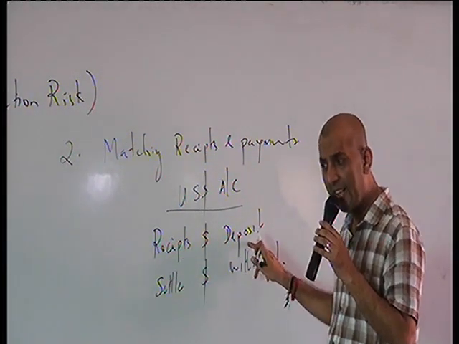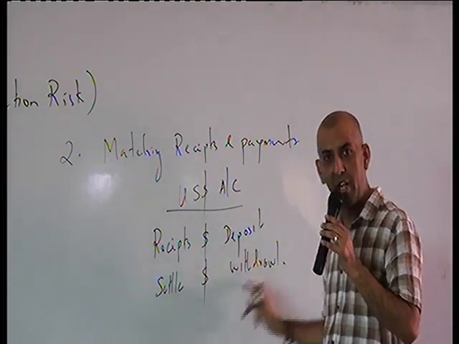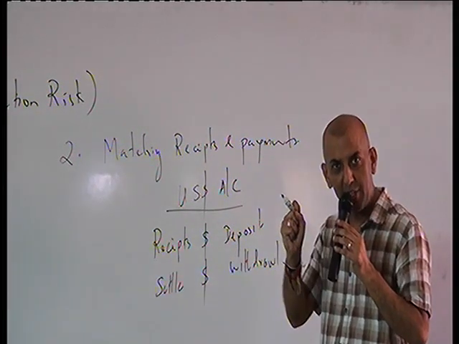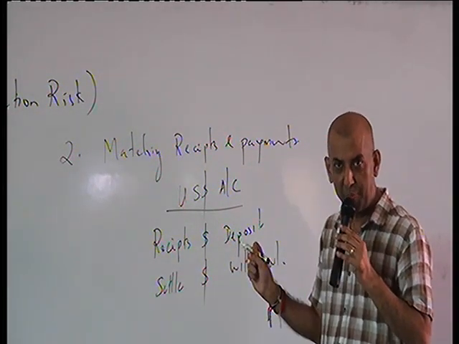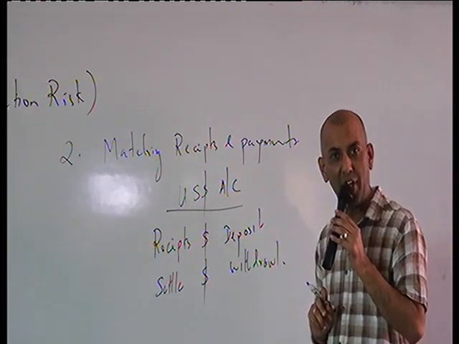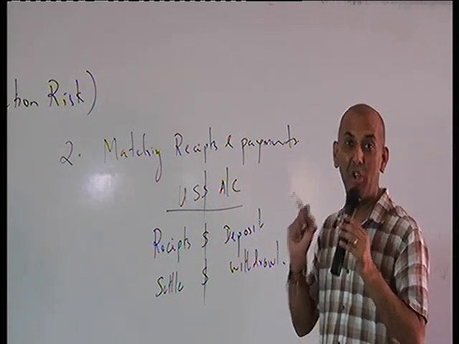So you are receiving, keeping the money in the dollar account, paying the supplier from the same dollar account. By doing that, your dollars are managed. You keep the dollar as it is, settle your supplier by withdrawing. So you don't lose money. You don't incur exchange losses.